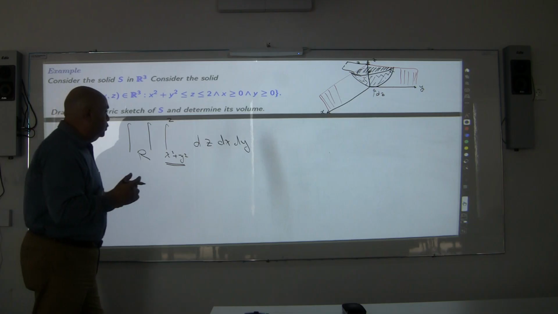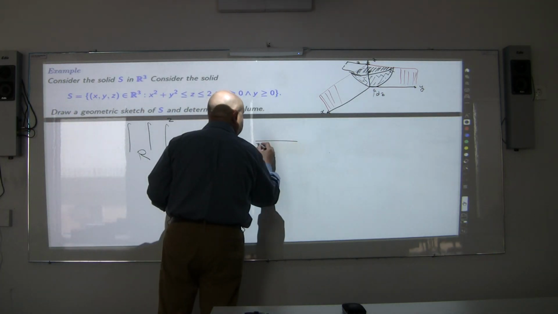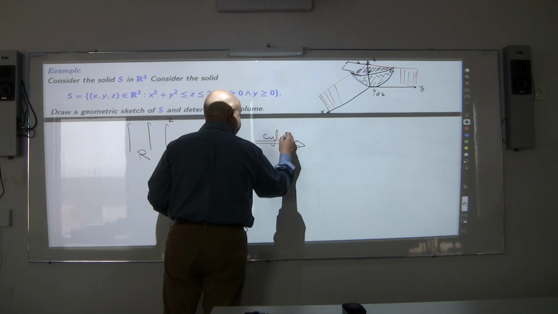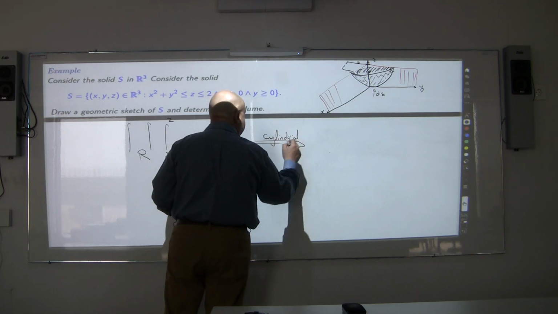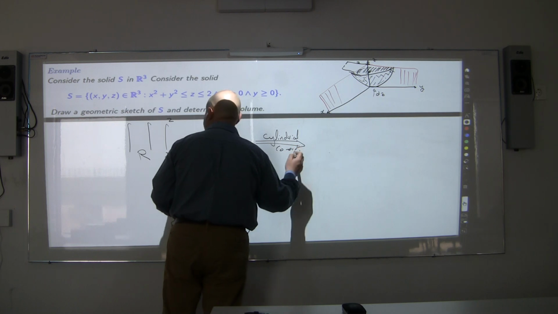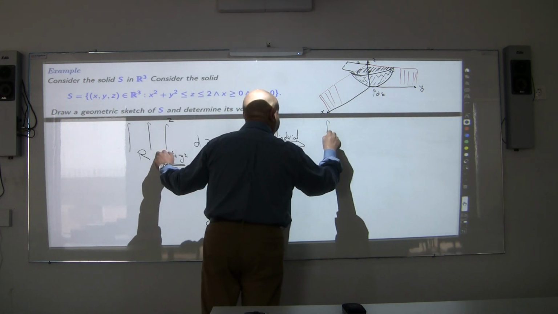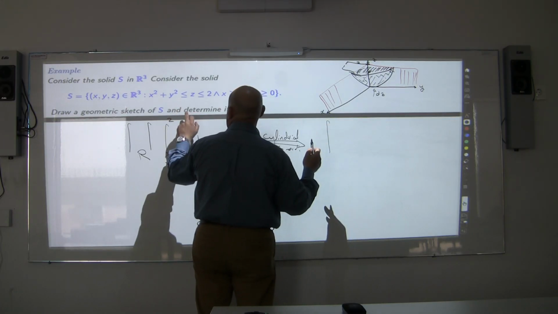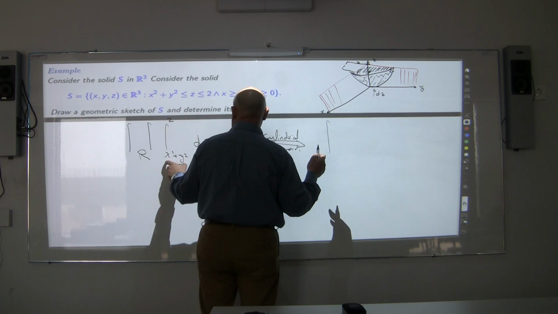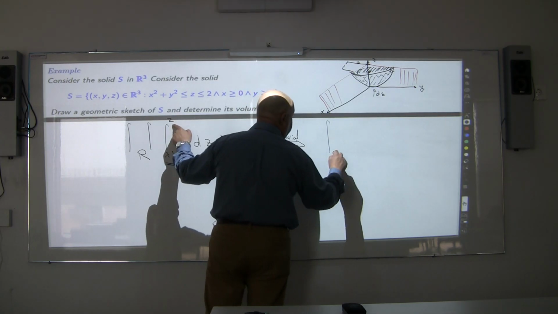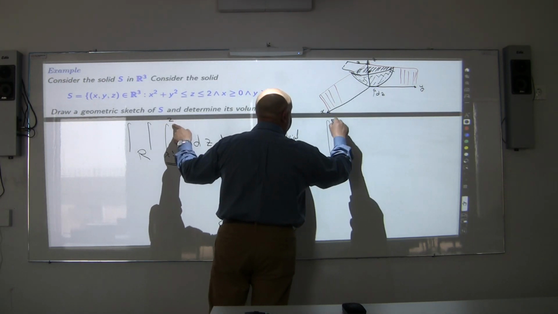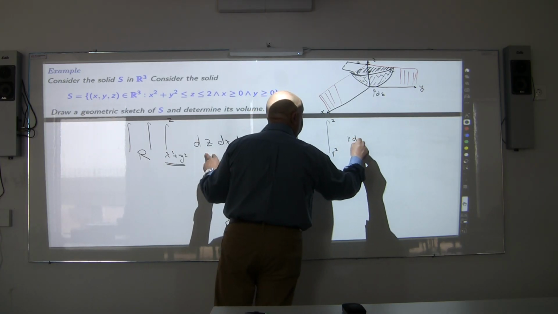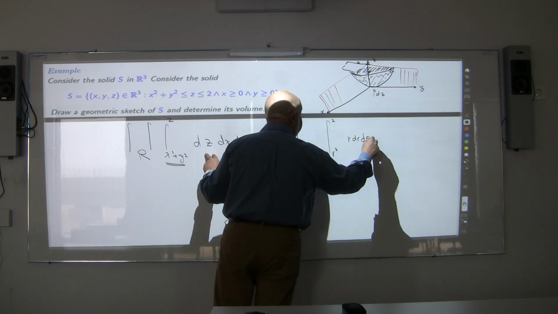All I have to do, if I want to change to cylindrical coordinates, which will be more helpful, is integrate from r squared, that is x squared plus y squared, up to 2. So we are moving from r squared up to 2, replacing dz dx dy by r dz dr d theta.